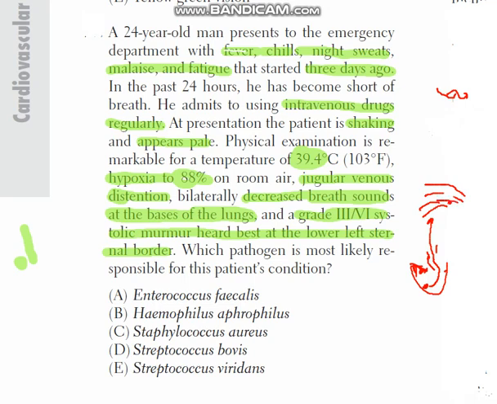Once these vessels are obstructed by emboli, forming pulmonary embolism, there is an increase in the hydrostatic pressure in the pulmonary capillaries, which leads to edema in the lung. In this patient, the decreased breath sound at the base of the lungs means there is accumulation of fluid, probably due to pulmonary embolism from the endocardial vegetations.